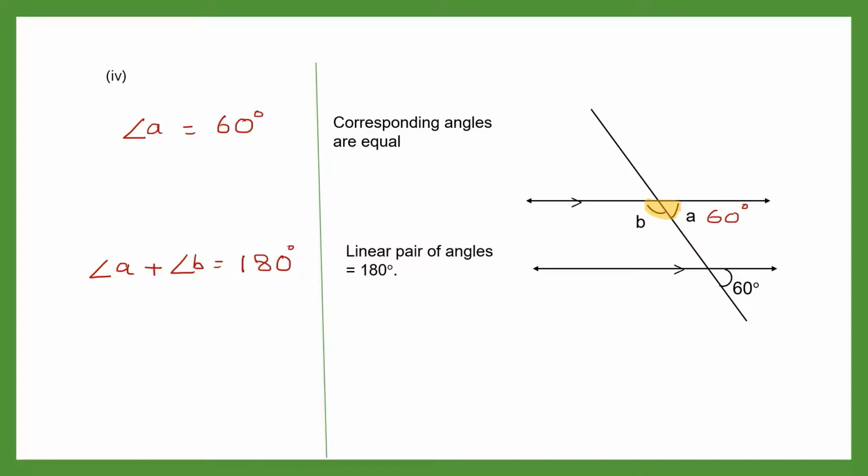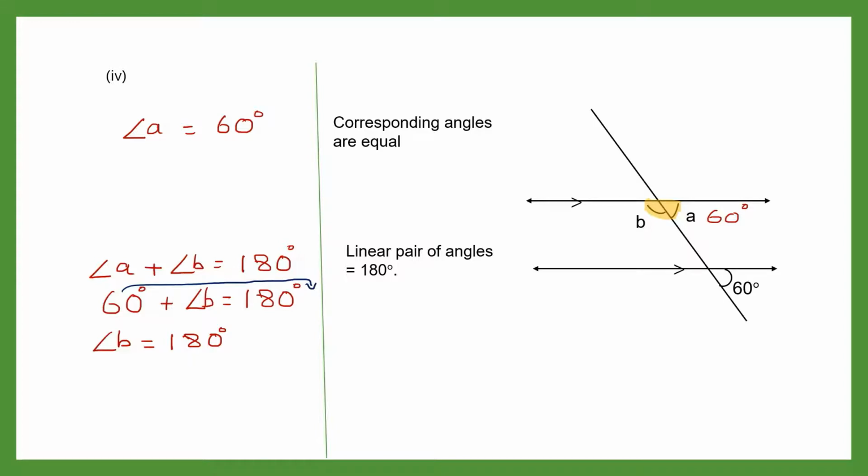Angle A is 60 degrees. We don't know how much angle B is. Both these together should add up to 180. So we're going to find angle B. I will leave it on the left hand side, leave 180 degrees on the right hand side, and move 60 degrees to the right hand side.